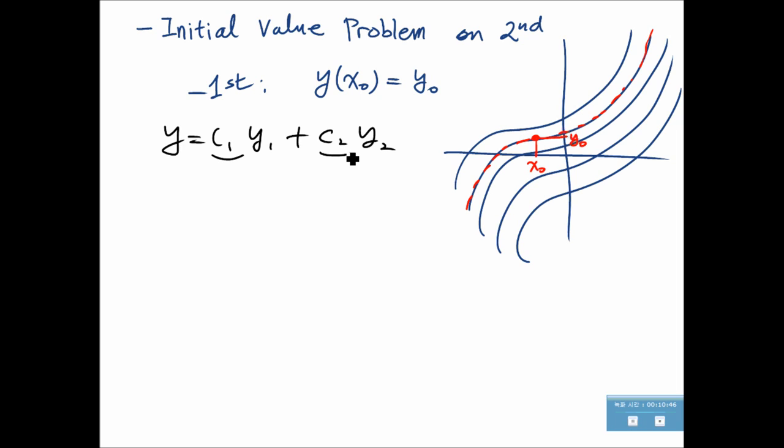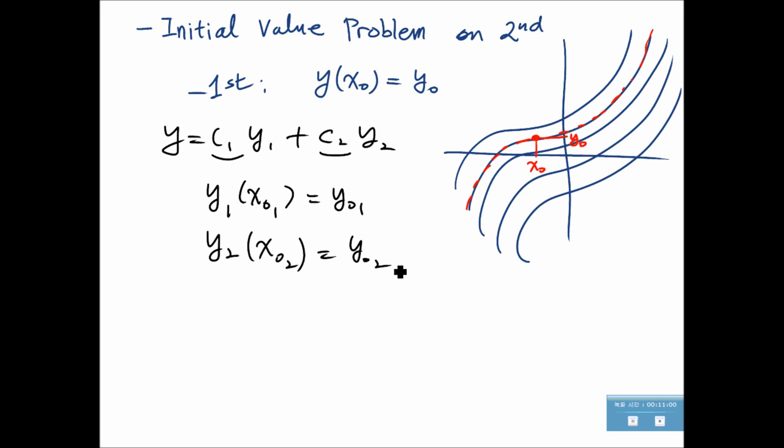Then what about this? y1 at x naught 1, y naught 1, and y2 at x naught 2, y naught 2. Does that make it complicated? I don't know. You see that meaning, right? You have two different initial conditions, then you're going to get C1 and C2.